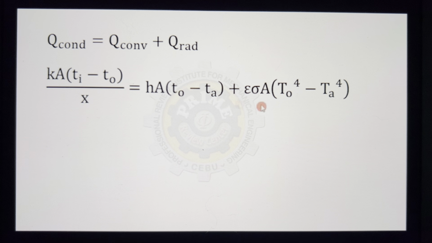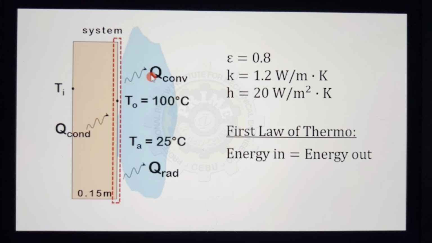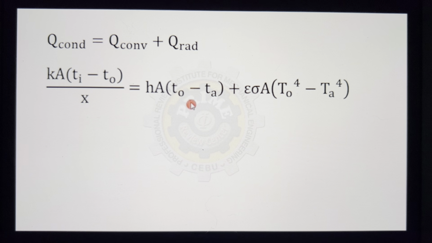Then yung Q due to convection is h or yung film coefficient times the wall area, then times delta T. So yung delta T dito should be the outside surface temperature ng wall minus the ambient temperature. Kasi if we go back to the figure, so yung convection is actually from the outer surface to the ambient air. Okay, so which is why yung delta T is To minus Ta.